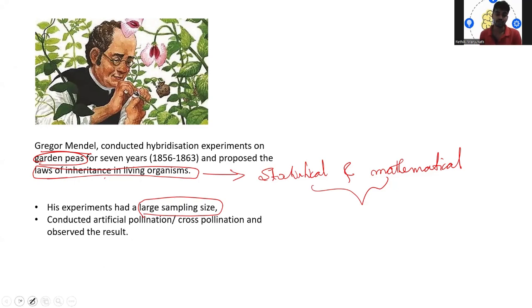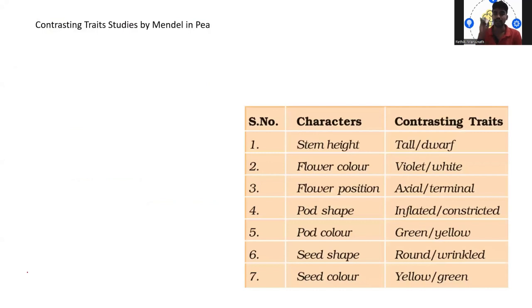So he chose 14 true breeding pea plants. These are the characteristics, and these are the contrasting traits that you will be seeing. If you consider stem height, two types of characters were observed: one is tallness and dwarfness.